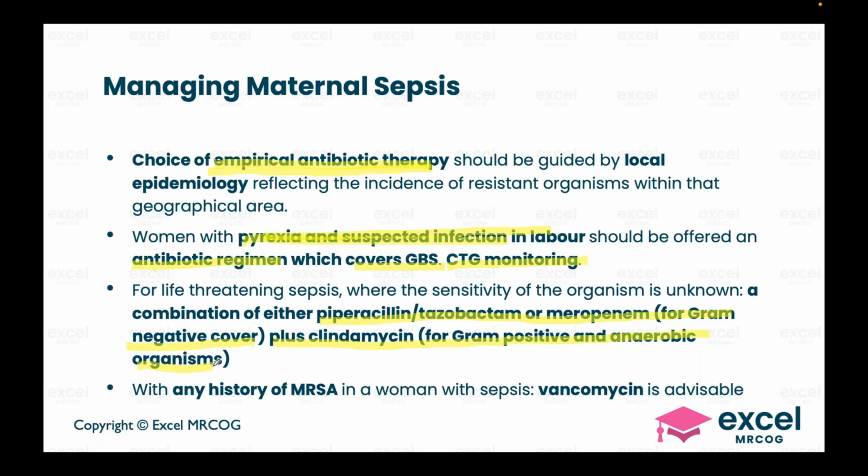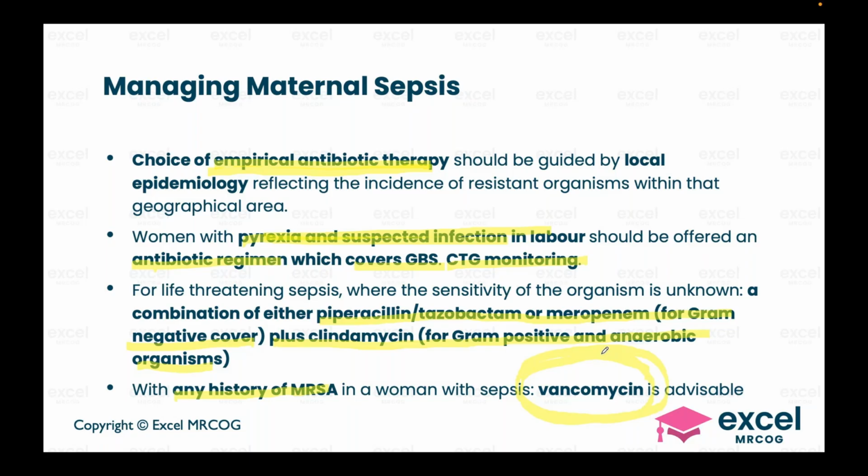If there is history of MRSA in a woman, if you know that there is some history of MRSA, you have to start vancomycin. The other antibiotic in MRSA is teicoplanin. Okay, vancomycin or teicoplanin. All of these are important questions.